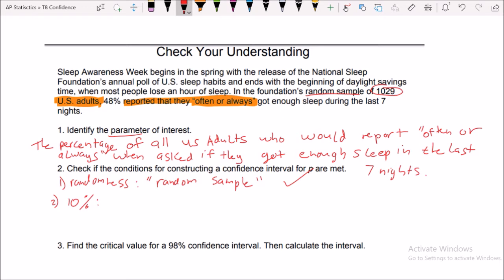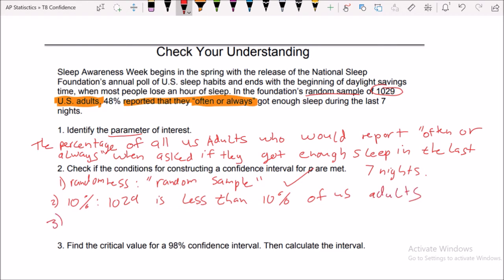So we're just going to demonstrate that we thought about this: 1,029 is less than 10% of US adults. And that's totally acceptable for an AP exam, y'all. You need to demonstrate that you understand what the 10% condition is, that you thought about it, and this situation likely meets it. On the 10% condition, there are times like this when you actually can't use the formula because we don't know what the population size is.